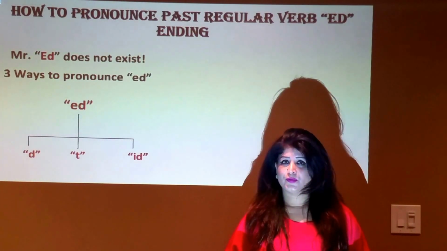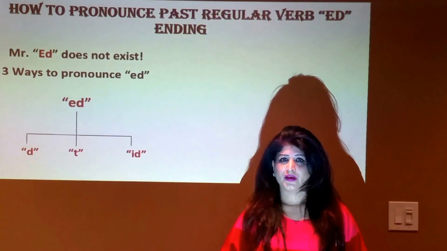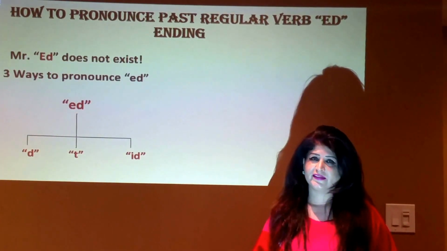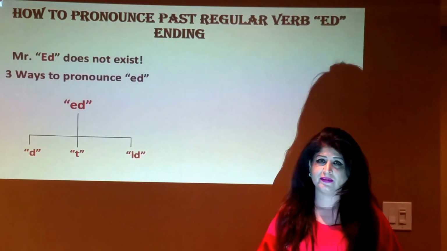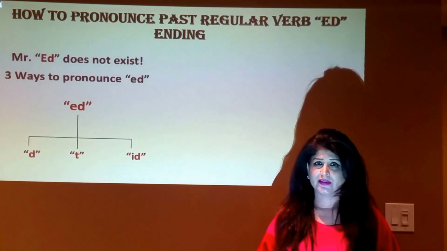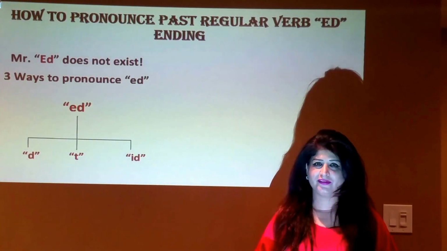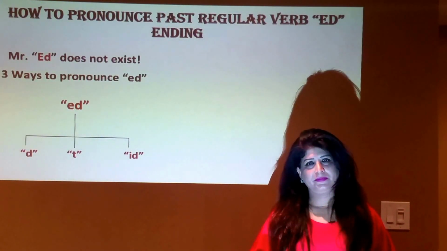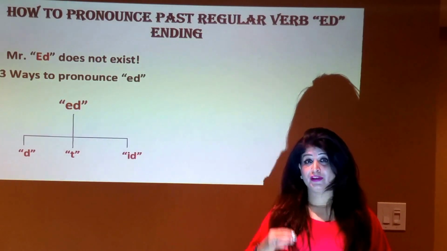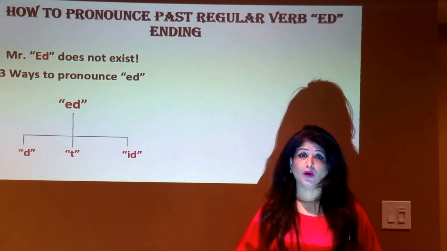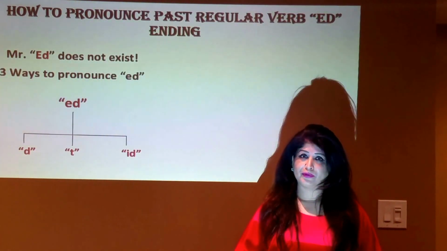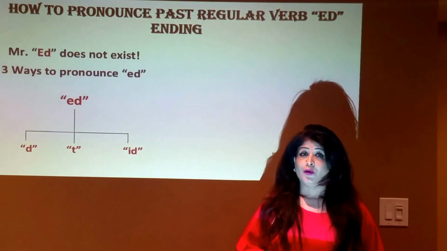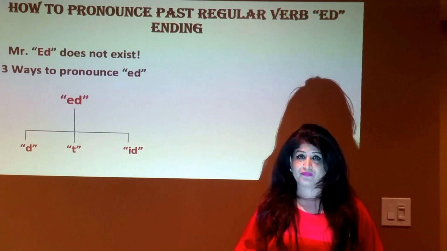Now the question is, what are voiced sounds? In English, there are consonants and vowels that are voiced. And why do we call them voiced? The reason is when we pronounce them, we can feel vibration in our throat while delivering them.